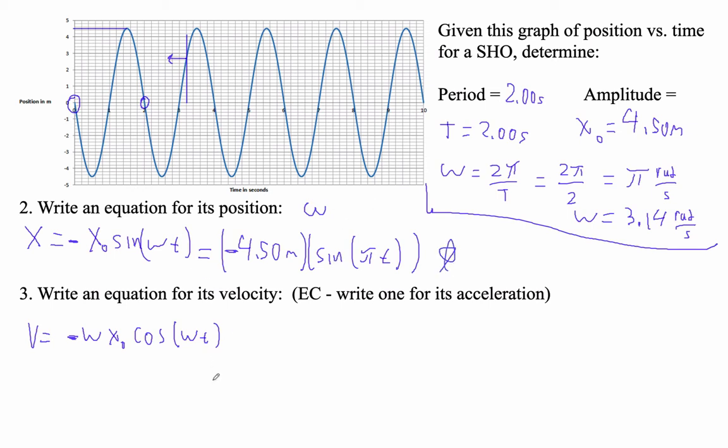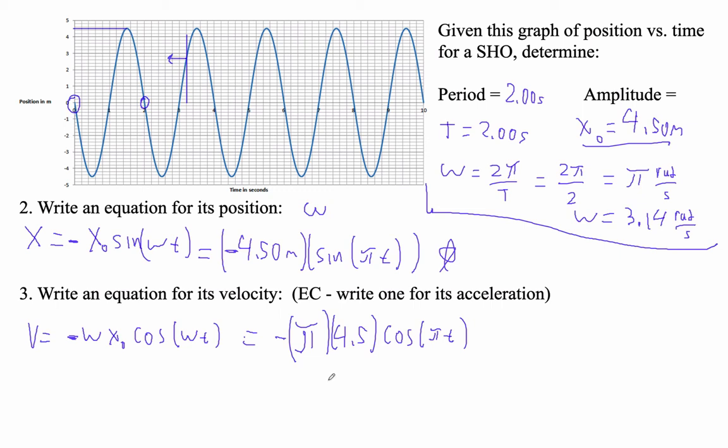And then write an equation for its velocity. So that's going to be the opposite of our omega, which is pi, right? Times 4.5, which is our x naught, right? Okay, and then cosine pi times t. Now, if we have to commit to a number, we would say the opposite of pi times 4.5.